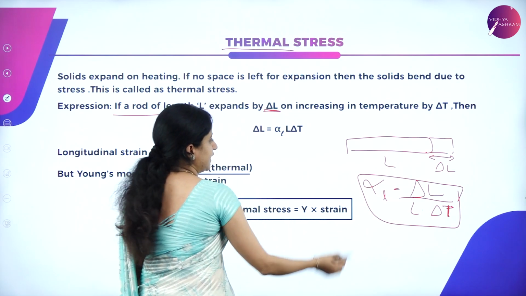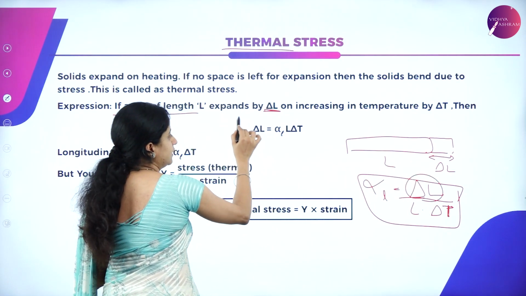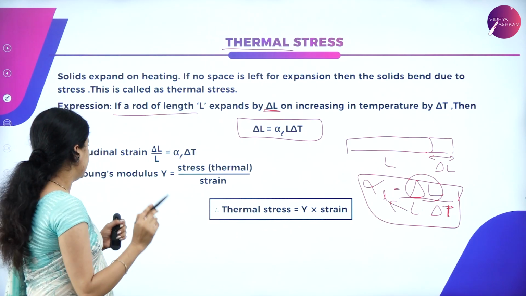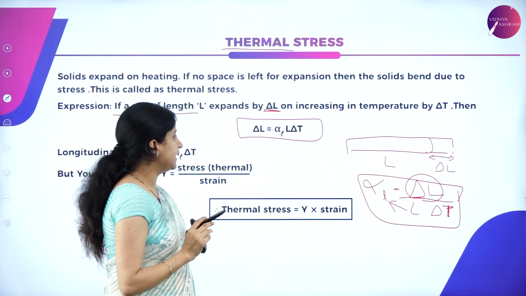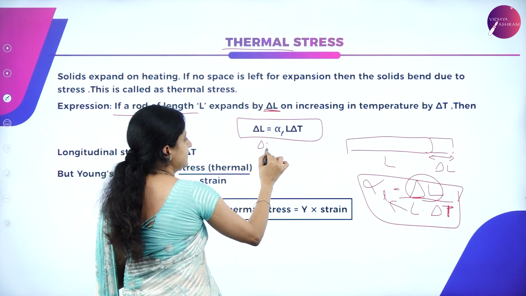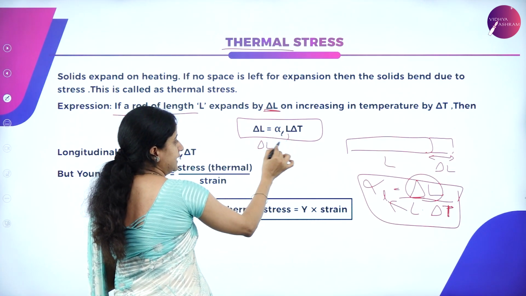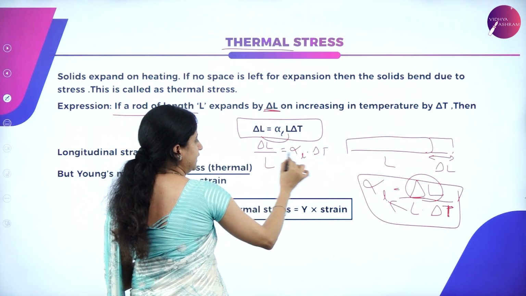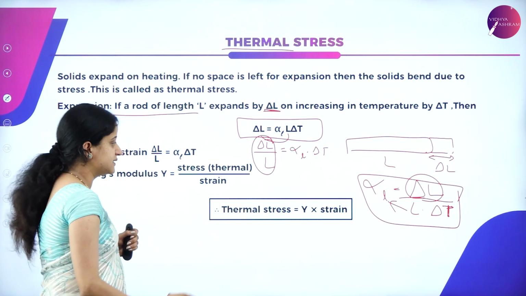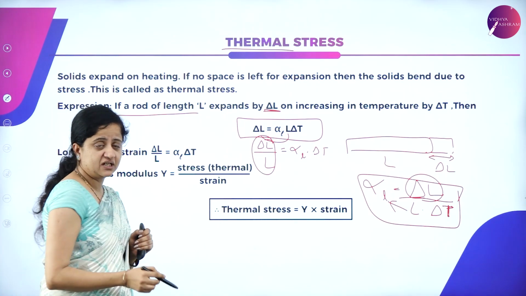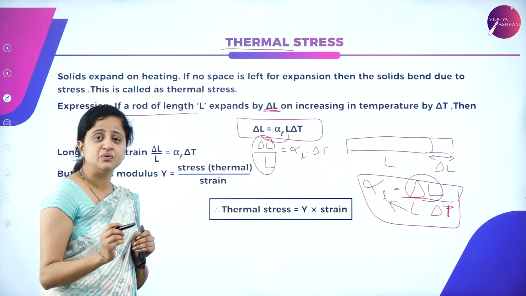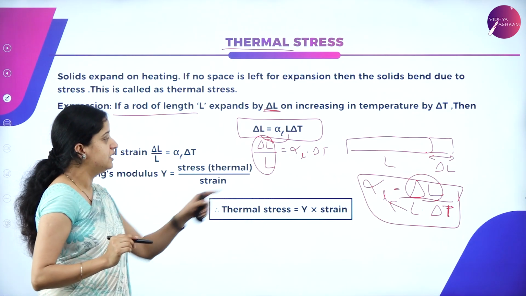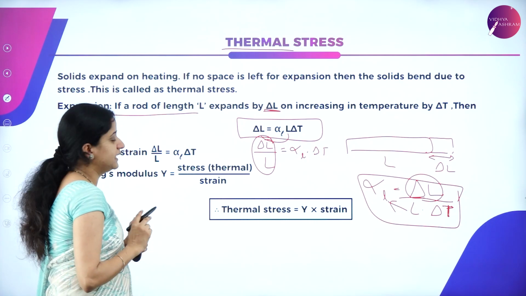So from this we can write change in length delta L equals alpha L into delta T. Now here we can write this expression as delta L divided by L, which is equal to alpha L into delta T. What is delta L divided by L? It is nothing but change in length to the original length, which is nothing but the longitudinal strain. So strain here is nothing but delta L by L, which is equal to alpha L into delta T.